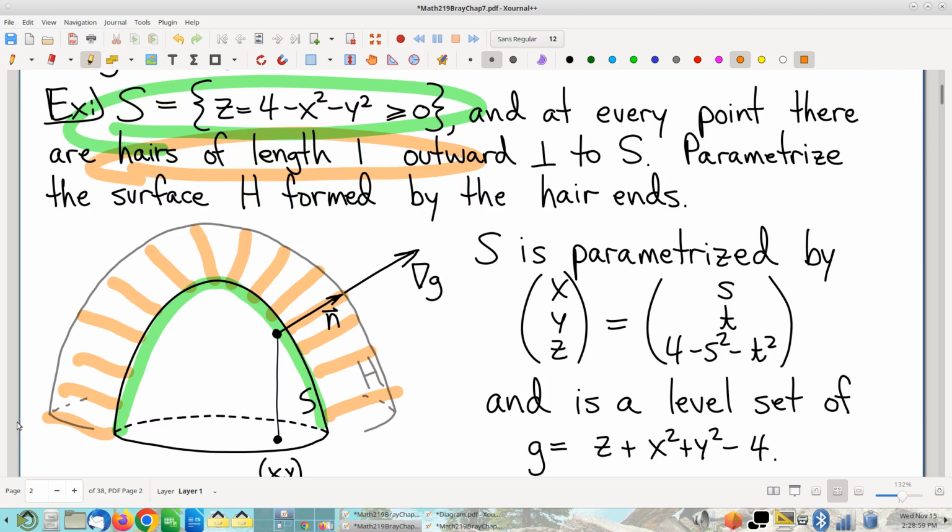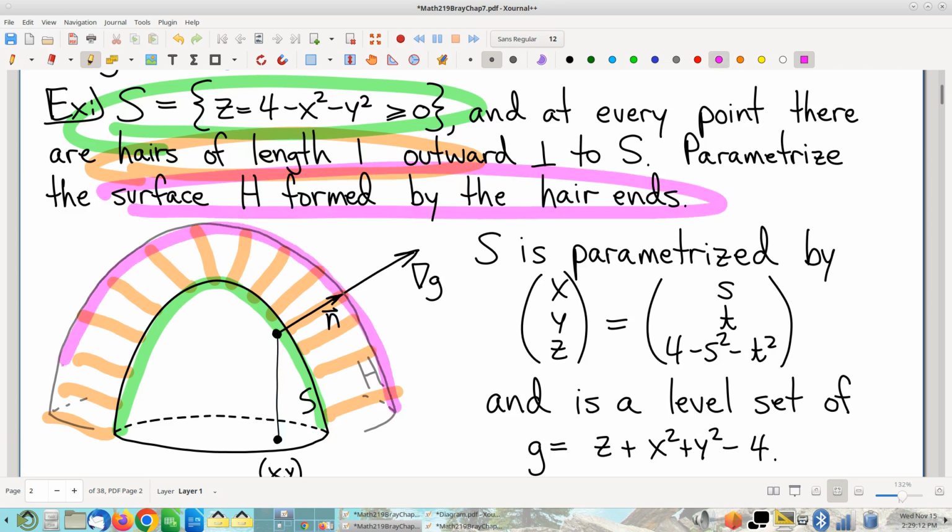Or maybe he grabbed the static electricity, something like that. What I want to understand is the shape of this surface that's formed by the ends of his hairs. In other words, his hair is making the shape of his head look different than his actual skull. So how would I parameterize this purple surface?